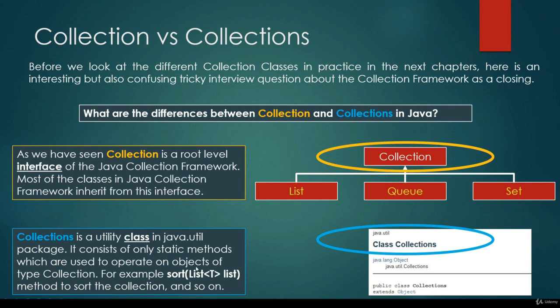So for example, when we try to sort an array list, then we can use Collections.sort, which is a static method within the java.util package, and this Collections utility class has some extremely important methods. So this is what we are going to talk about in the coming lectures.